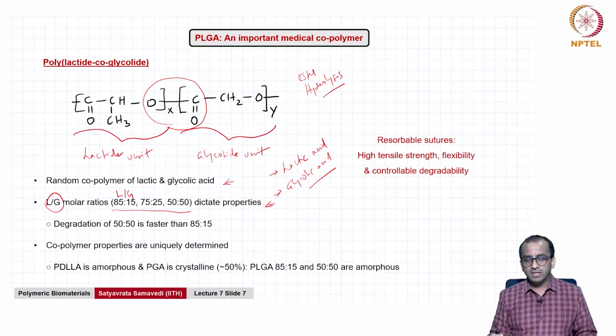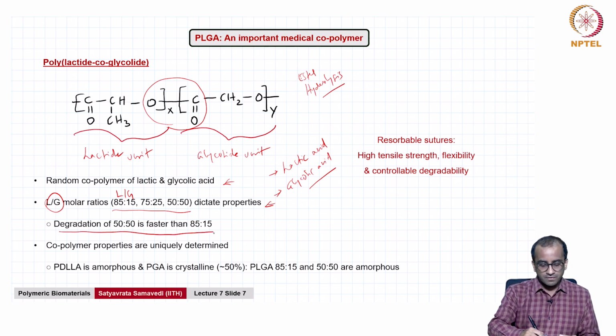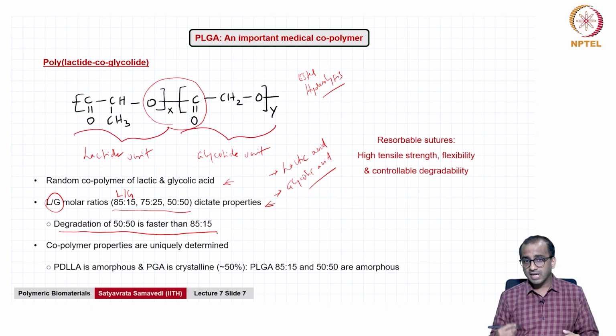So, 50-50 will have an equal number of both lactide and glycolide. And as you will see here, the degradation of 50-50 is faster than 85-15. What that means is, I can use different types of PLGA based on the L to G ratios depending on the degradation rate that I want in my application.